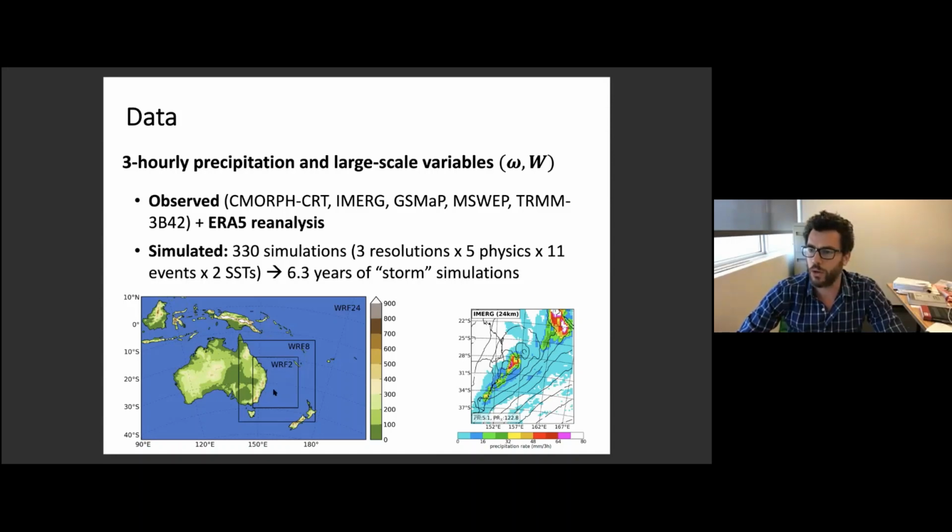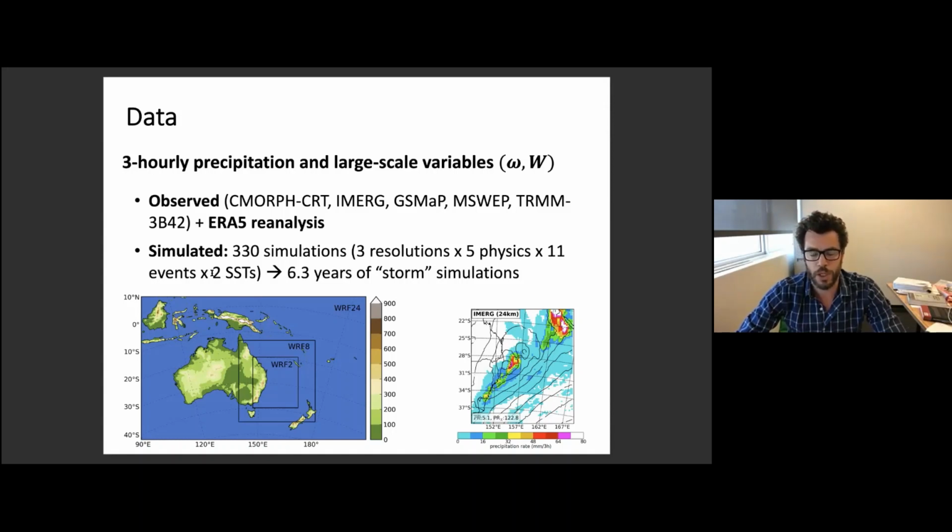In fact, they are called East Coast lows, similar to the East Coast lows we get here in North America over the Gulf Stream. We get also East Coast lows in the eastern part of Australia. We chose some of these extreme East Coast lows that happened in the last 15 years, 11 of those, and we simulate all those 11 events.